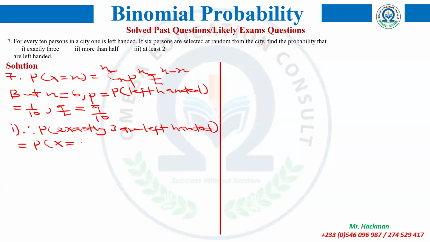So X is equal to what? 3, and we can proceed from here. That will give us 6 combination 3. I'll write only this one, I won't continue, into 1 over 10, so our P is 1 over 10 to the power 3, so a cube, then into our Q, which is 9 over 10, to what power? To the power 6 minus 3, and that will also give us 3. So from here, you can continue. Is that not it?